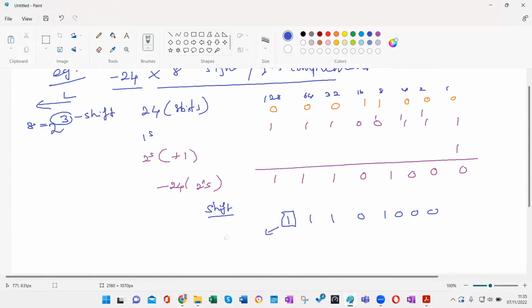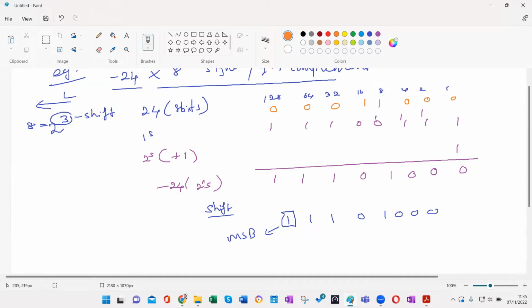You can't move this. And it's 1, so it's a negative number and it's correct. We can check it later on by looking at the answer. So the most significant bit is not moved. You have to shift only the other bits.